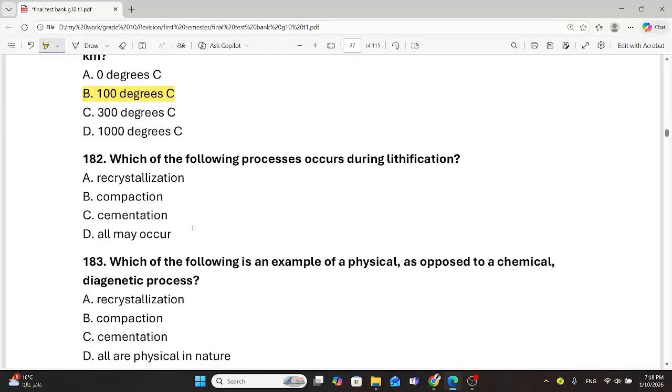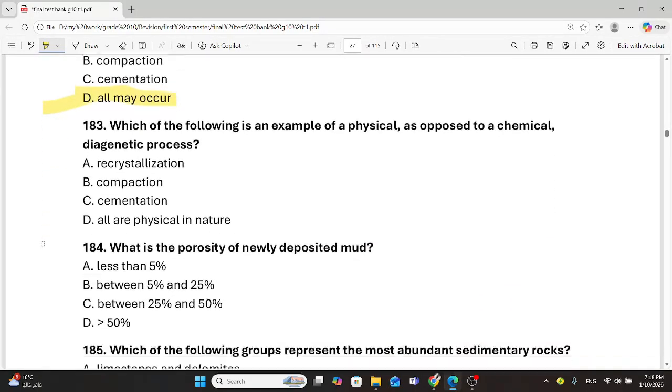Which of the following processes occur during lithification? Recrystallization, compaction, cementation, or all of them can happen in lithification.